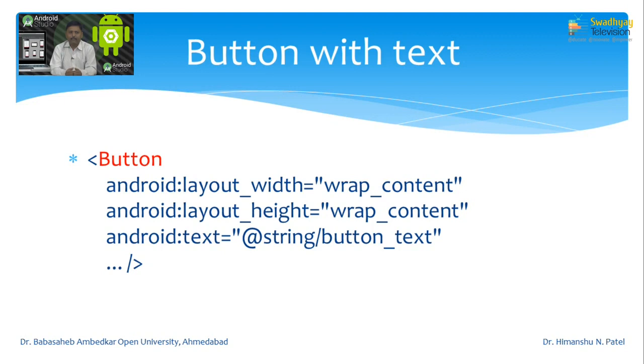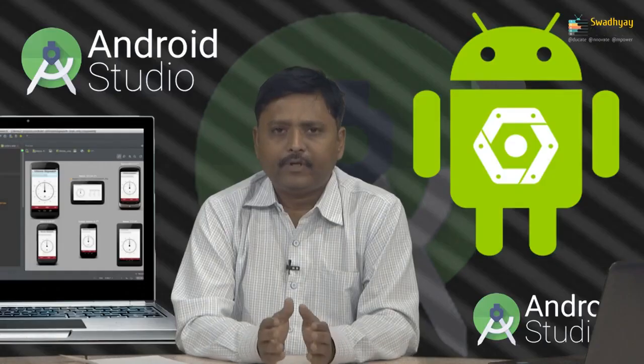For button we have a button element, and the first attribute is android:layout_width, in which we write wrap_content, which means the button width is according to its caption. Then we write android:layout_height, the second attribute, and inside that we also write wrap_content. So, your button size is proportional to your caption size.